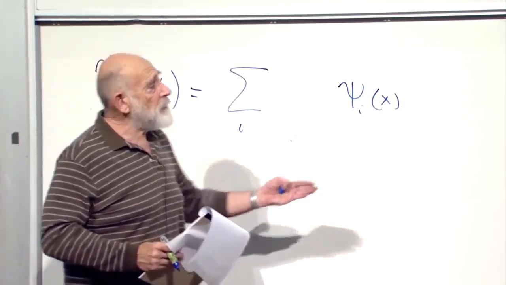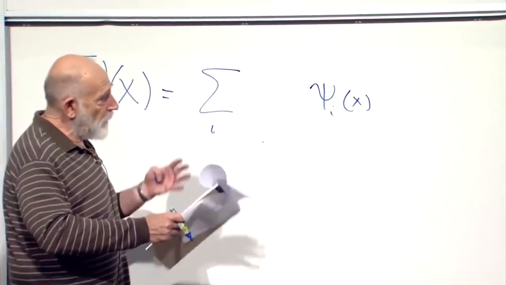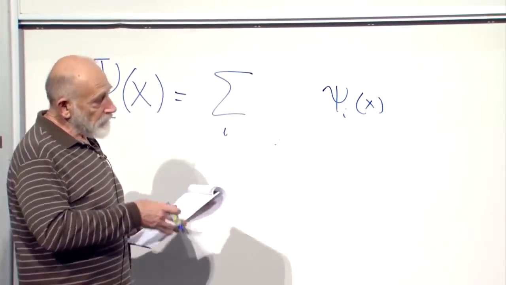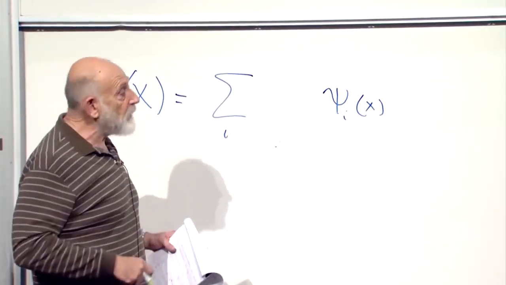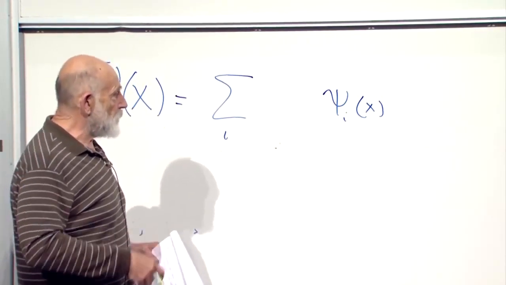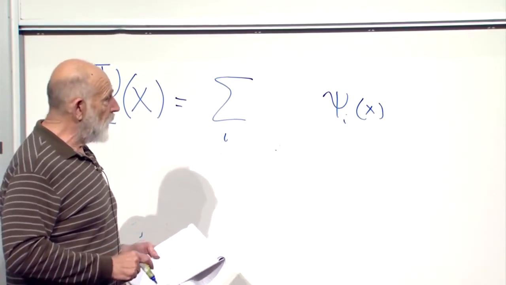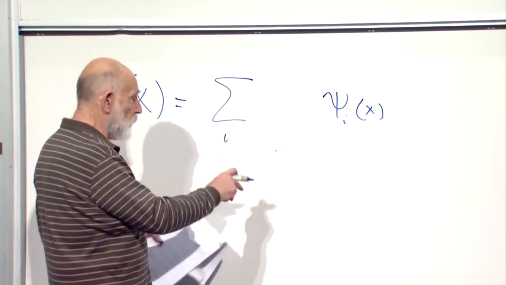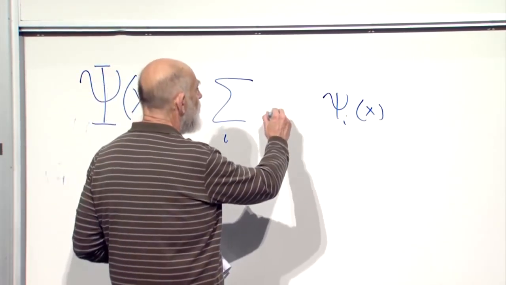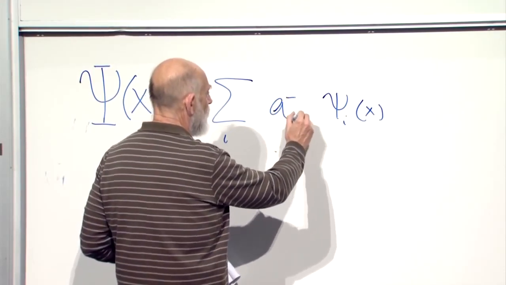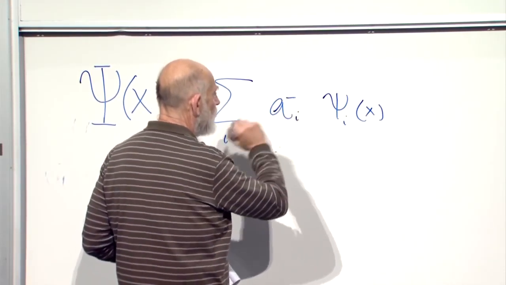These are things like sines and cosines of different wave number, of different wavelength. That's what goes there. And what multiplies it, the coefficients, are the creation and annihilation operators. In this case, the annihilation operators, A I.